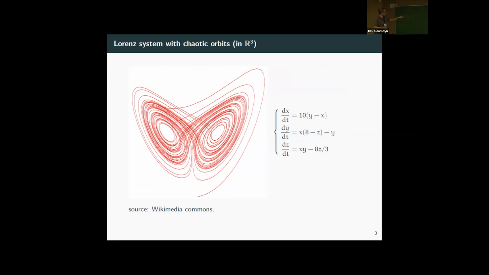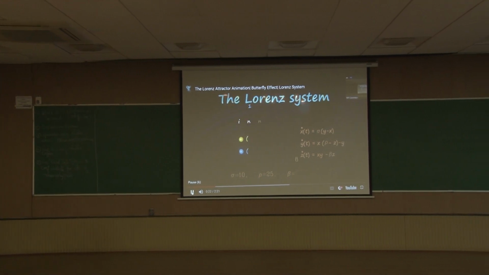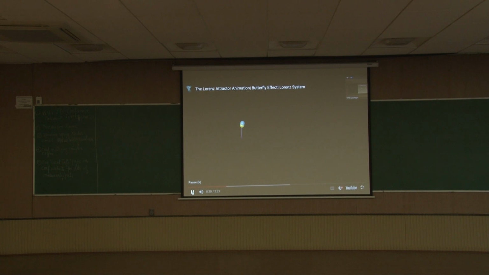But the system is chaotic, and I can show you a little movie that I found on the internet to see the similarity with the Hénon map. You have two orbits starting from two points which are very close to each other.